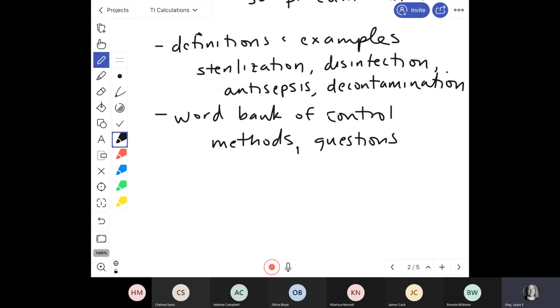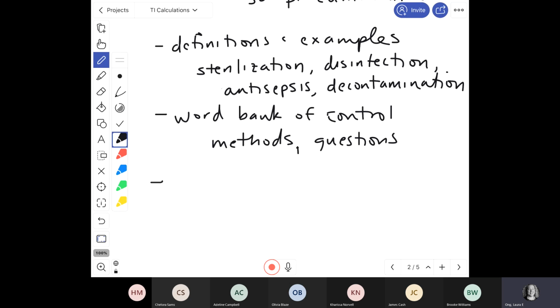So it will have examples of, say, pasteurization would be one control method, and aldehydes is a control method that's chemical. There'll be a word bank of those. And then you use the word bank to answer short answer questions about the different methods. And you'll just fill in the blank using the word bank.